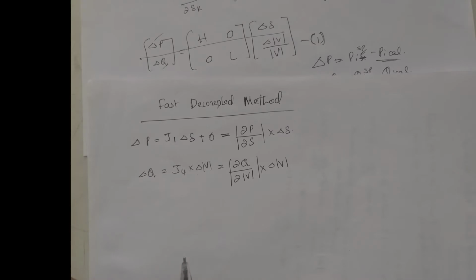Delta Pi divided by delta delta I is already calculated.